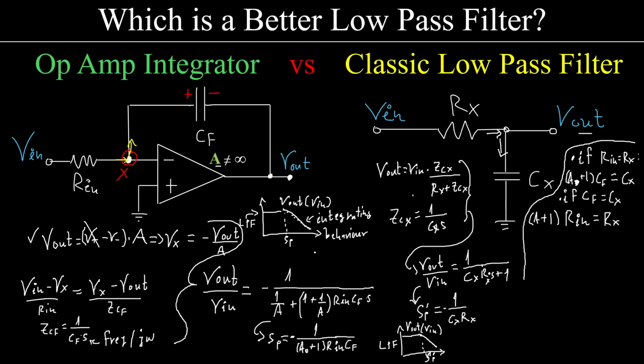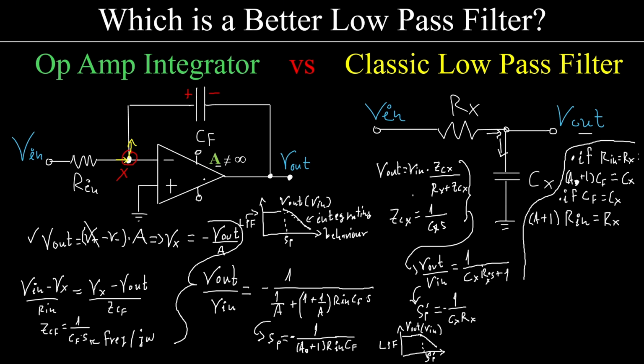So potentially we get a better low-pass filter over here using cheaper resistors and capacitors, but the trade-off, because there is a trade-off, is that for this gain we have to pay with a supply. We have to supply this op-amp with some constant value.